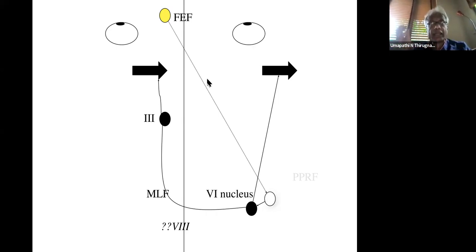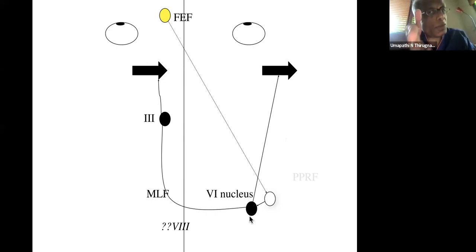So as you know, in science, nature always finds the easiest pathways, right? If the system is already there, why don't we build on that? So we already have a way of abducting one eye and adducting the other eye. And the control center is in the 6th nucleus. So when I move my head to the left, my right eye is abducting, my left eye is adducting.